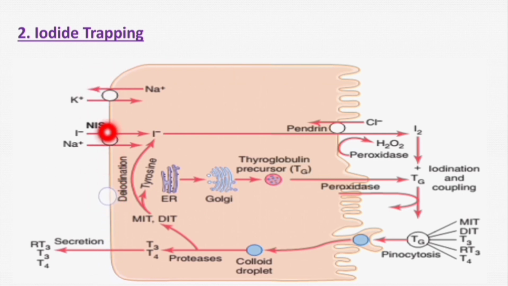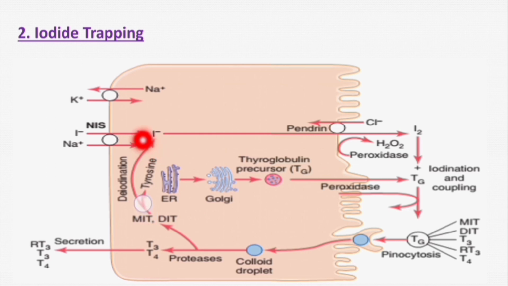Now, on the basal side of the cell we have this transporter, and it is called NIS, sodium iodide symporter, and from here, from the blood capillaries, the iodide enters the thyroid cells by means of this sodium iodide symporter, which transfers one iodide ion and two sodium ions at the same time into the cell.